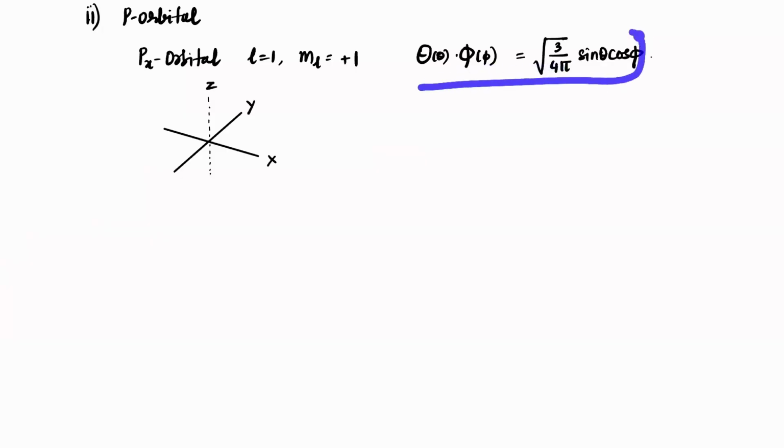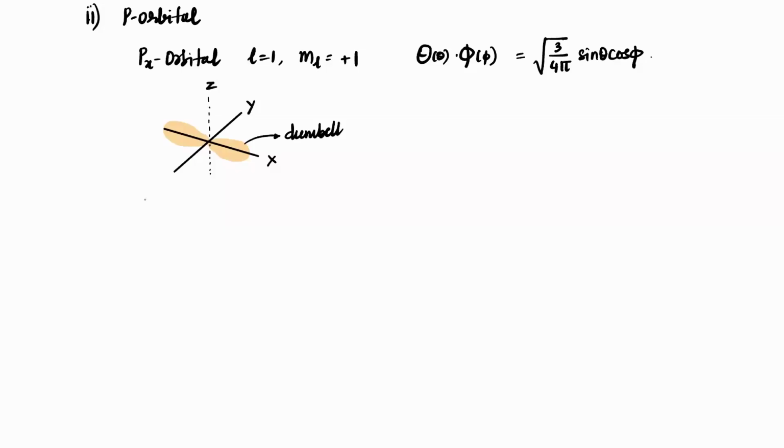If this value is present in the function, it must be a function observed only in the plus x and minus x direction. It should not be found in the y or z direction. That's how, when you completely write the function, it appears like a dumbbell. Got it? So that is the shape which is fixed here.